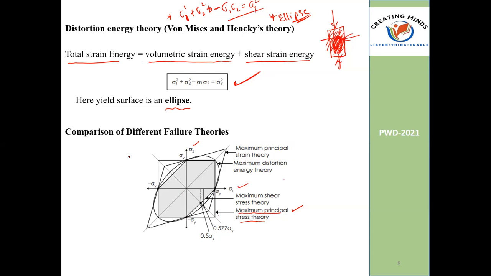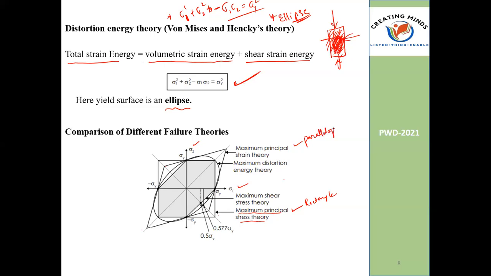Now this locus, here you come like hexagon, parallelogram. Here you observe, this is the parallelogram. Are you observing? What is the parallelogram? Maximum principal strain.